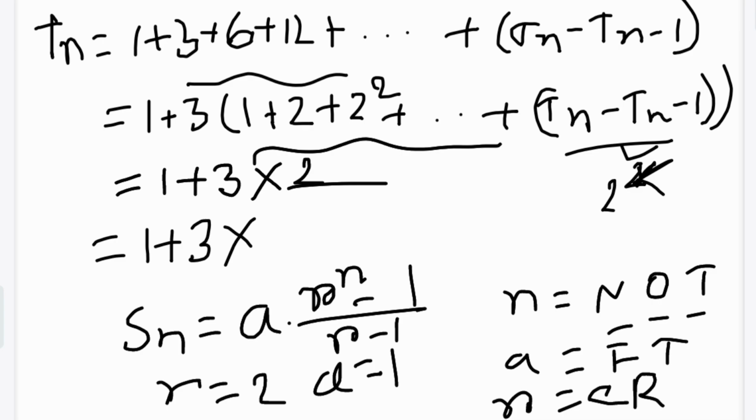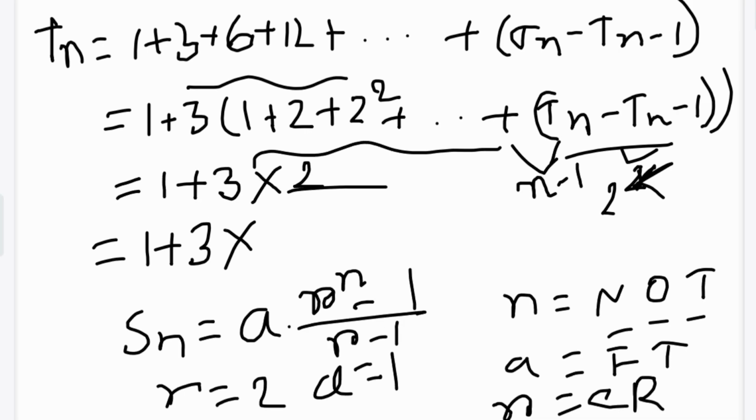So r raised to the power n minus 1, that is 2 raised to the power n minus 1. And notice here the total number of terms in this series is n minus 1, because we didn't take this 1 in this series. There were a total of n terms, so this will definitely be n minus 1 terms. So this is 2 raised to the power n minus 1, minus 1 over 2 minus 1.